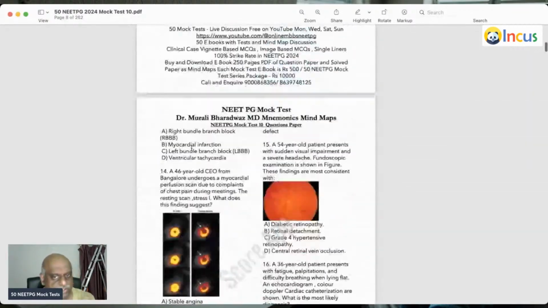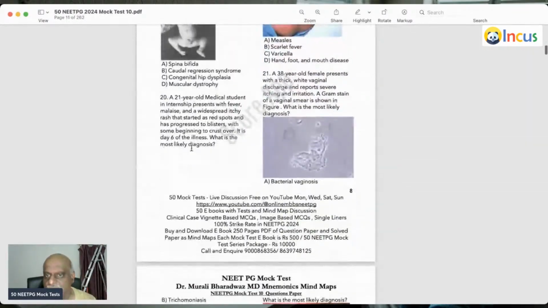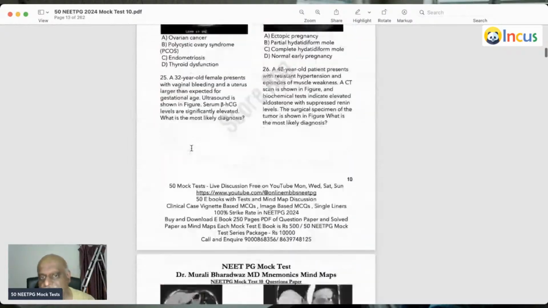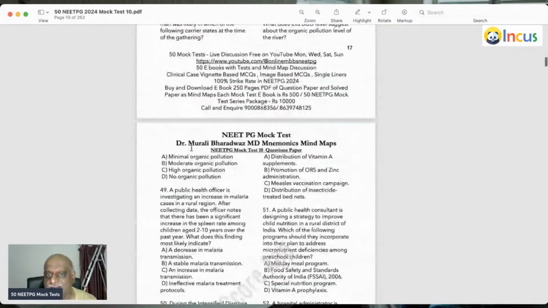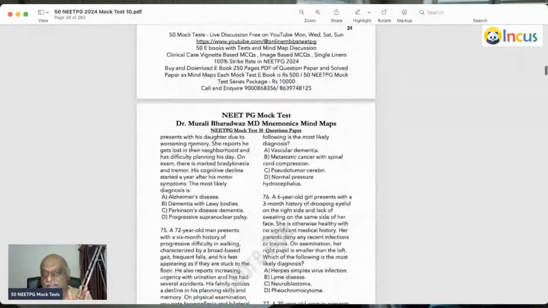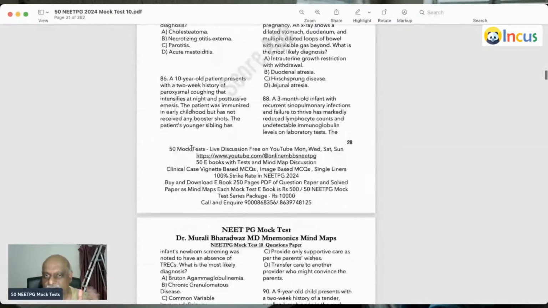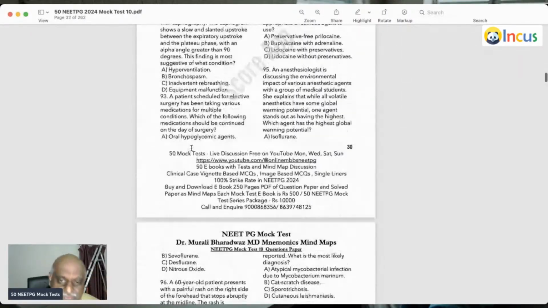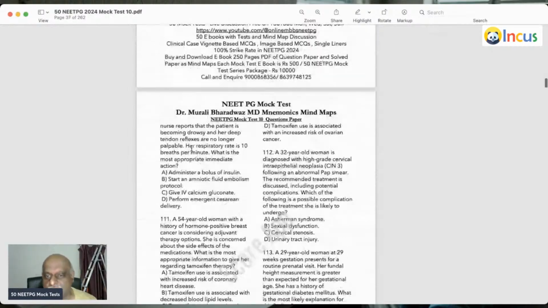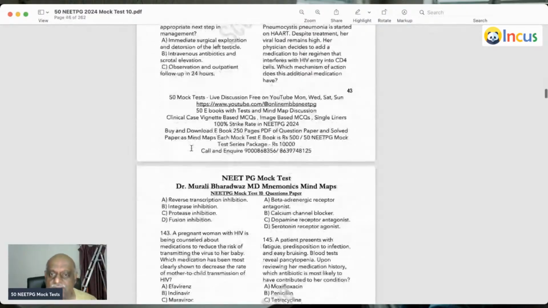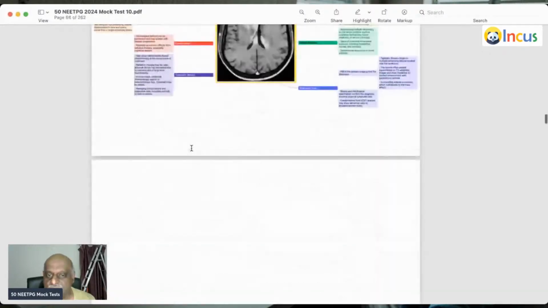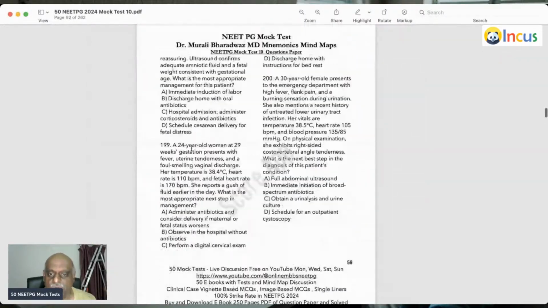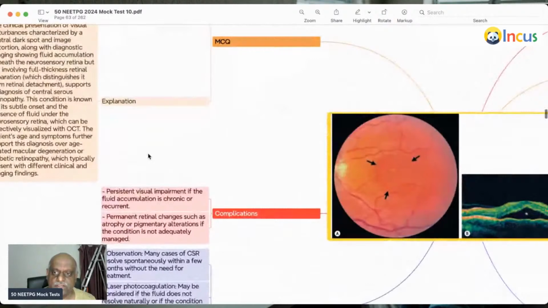Just download it, share it with your friends, and then solve it before you come to the test. All right? And once you finish the test, just wait for the ebook to be published onto learnograph.com, and you have all the 200 questions and explanations of these questions. So let's make the great beginning, doctor.